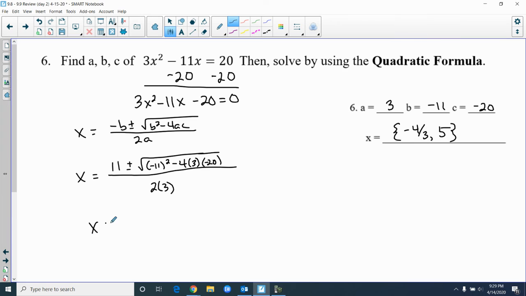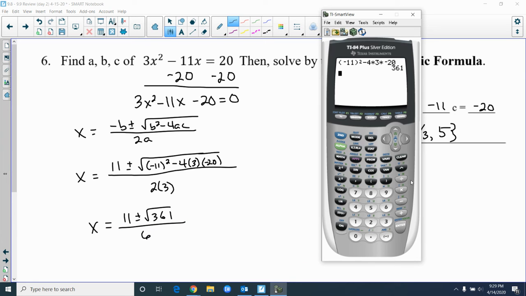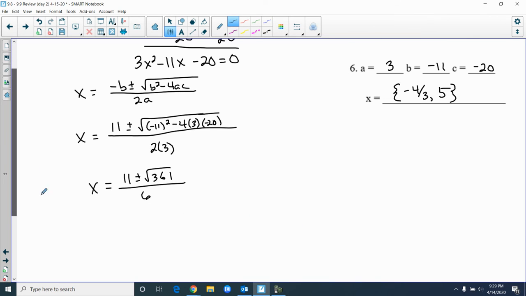361. All right, that's a pretty big number, and most of you aren't going to know whether the square root of that is a whole number. So go to your calculator before you go any further and see what you get. It is 19. So that means x equals 11 plus or minus 19 over 6.